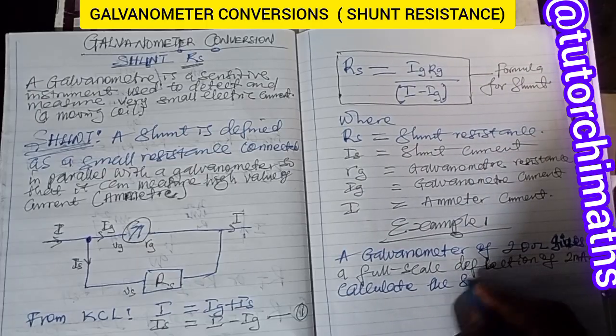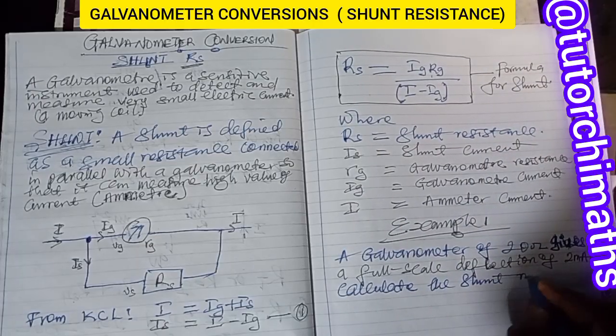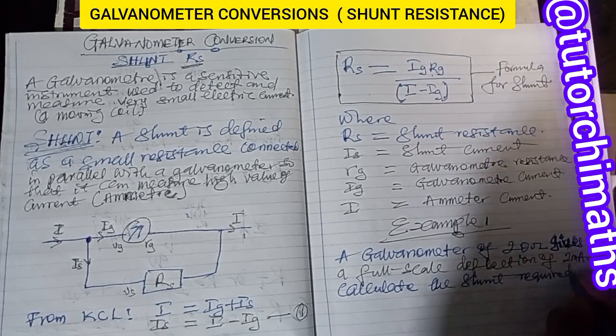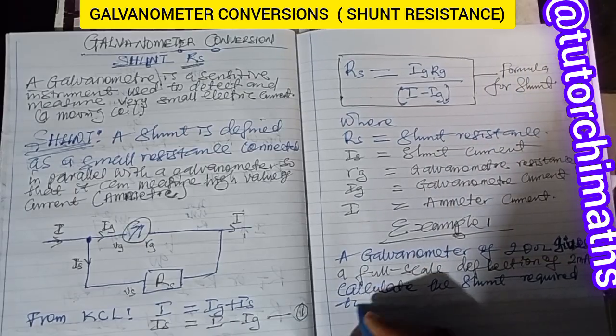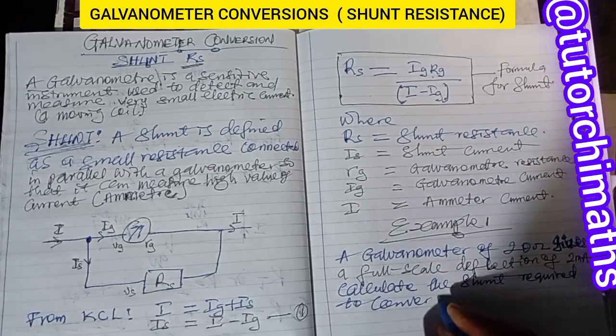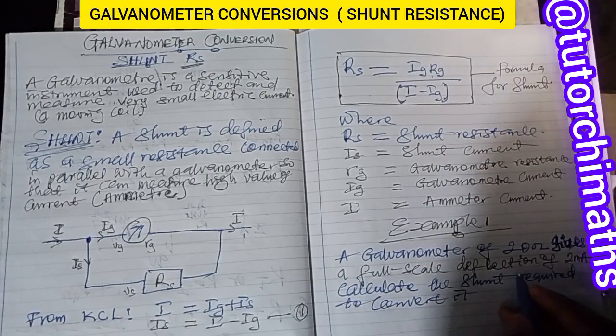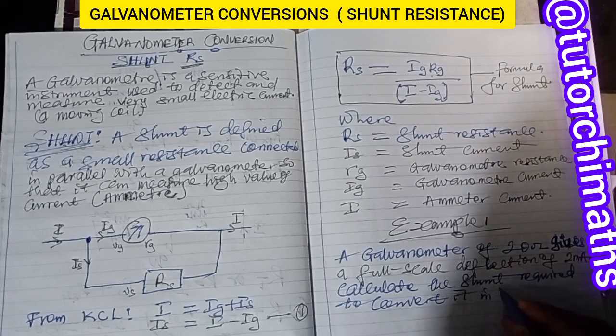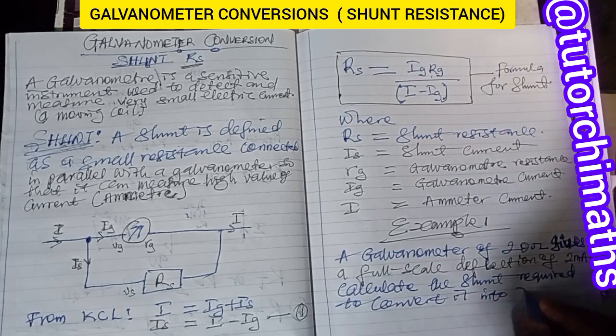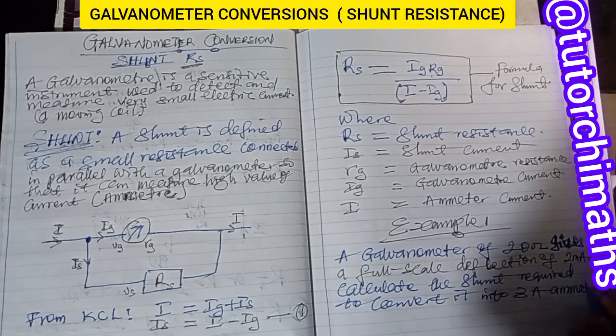The shunt required to convert it into a 3 amp ammeter.